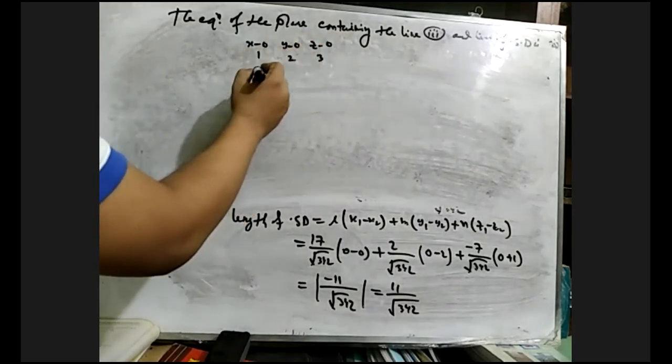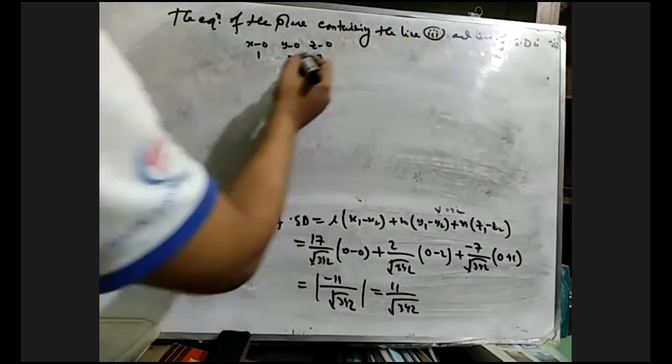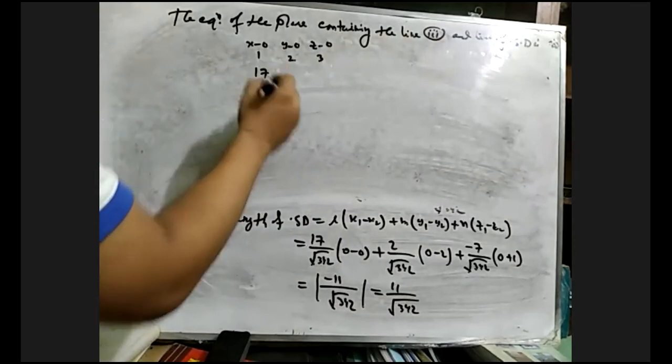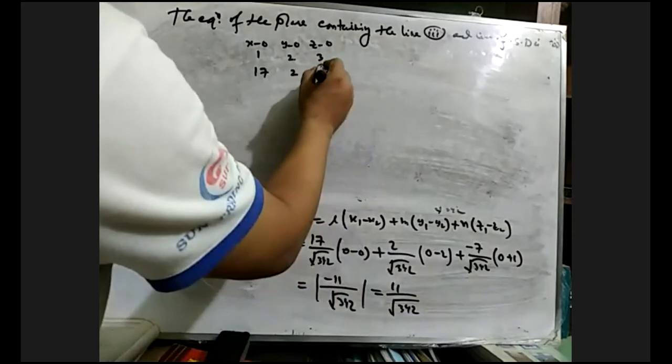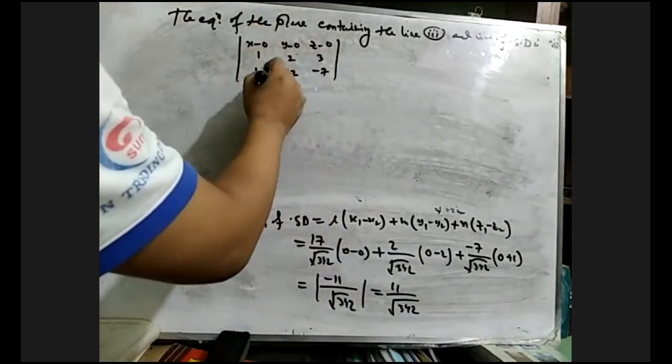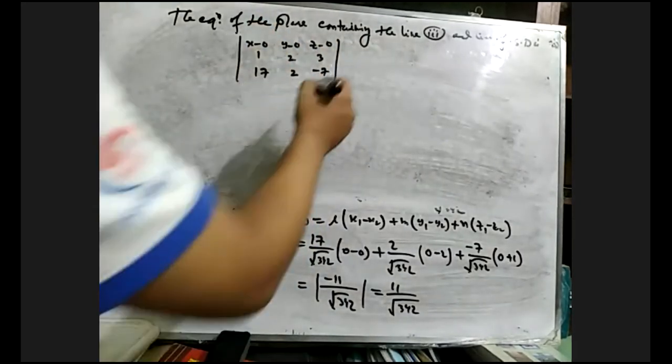Sorry, from line 3. Remember it. 17, this is 2 and this is minus 7. This is the direction cosines, equals to 0.